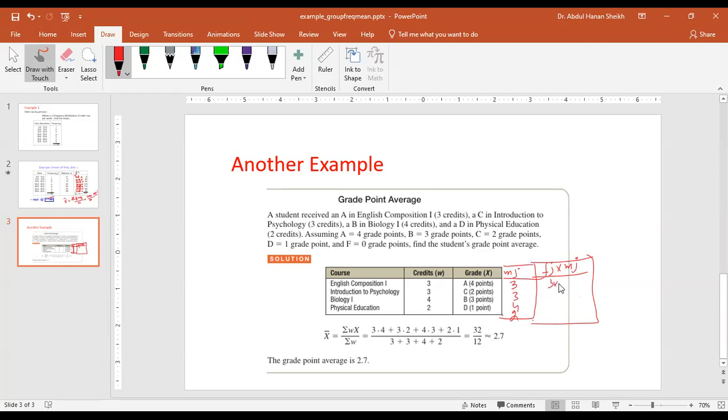So multiply 3 times 4, 3 times 2, 4 times 3 and 2 times 1. Then you sum all these and divide by all these frequencies, 9, 10, 11 and 15. No, sorry, 6, 4, 12. Yeah, it's 12. So this is the GPA average, having these results in 4 different courses. If you add more courses, you will have to divide by more credit hours.